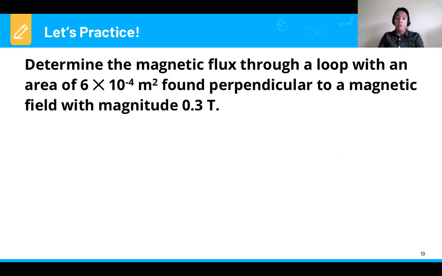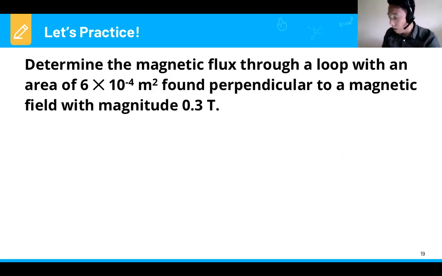Determine the magnetic flux through a loop with an area of 6 by 10 raised to -4 meters squared found perpendicular. So if we have the word perpendicular, we will just multiply. Perpendicular to a magnetic field with a magnitude of 0.3 Tesla.